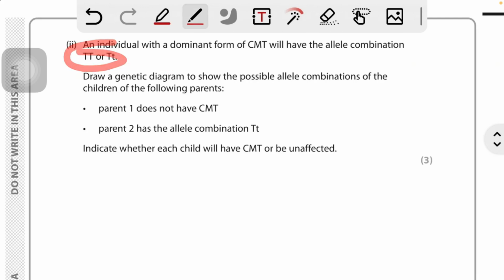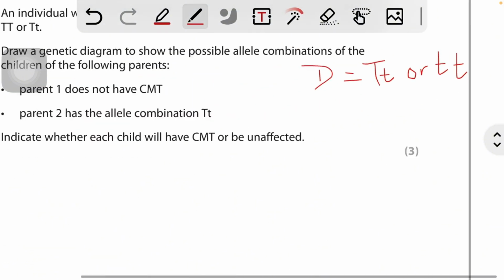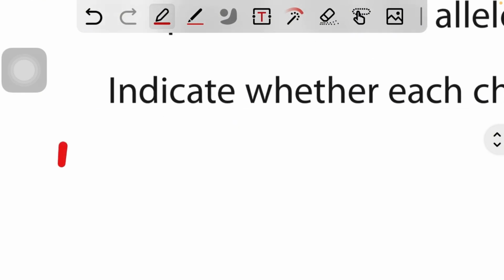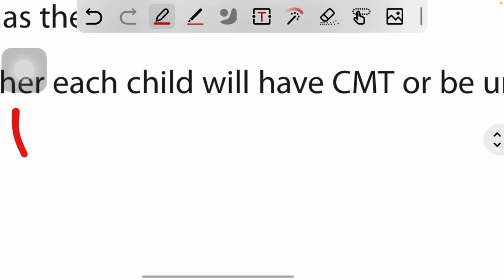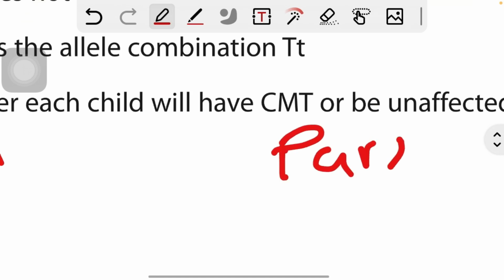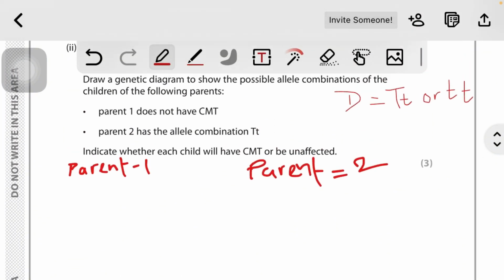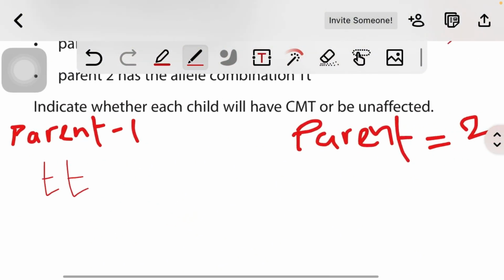Okay, so we have to keep that in mind, that diseased is TT or Tt. Okay, so parent 1 and parent 2. So parent 1 does not have CMT, so its possible genotype is this one, and parent 2 has the allele combination, it's given.